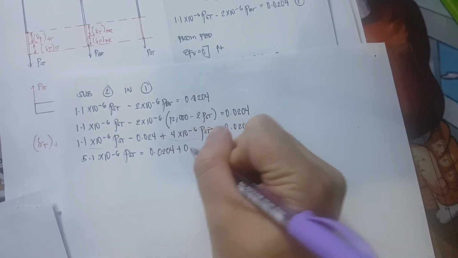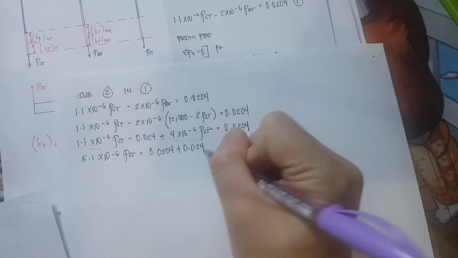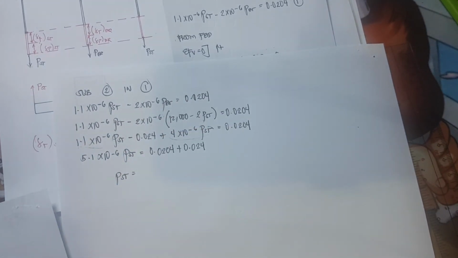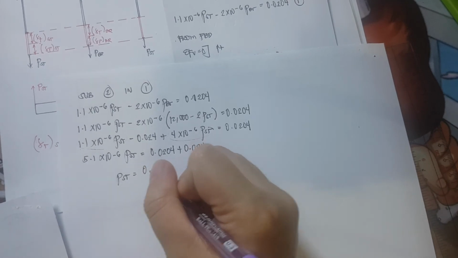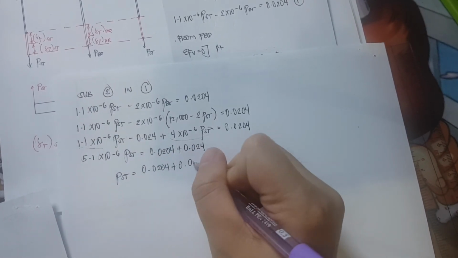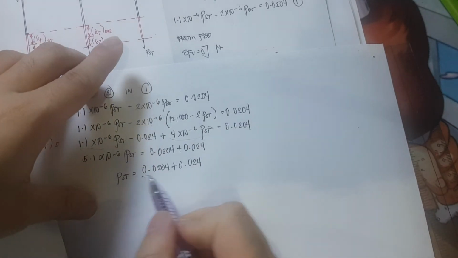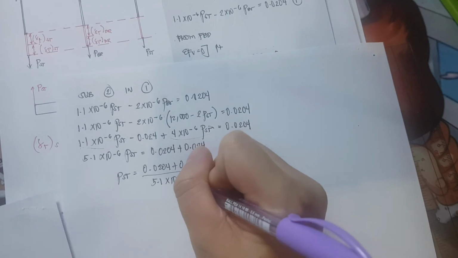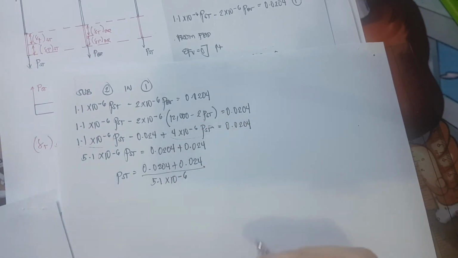0.0204 plus 0.024. So P of steel is equivalent to 0.0204 plus 0.024 divided by 5.1 times 10 raised to negative 6.